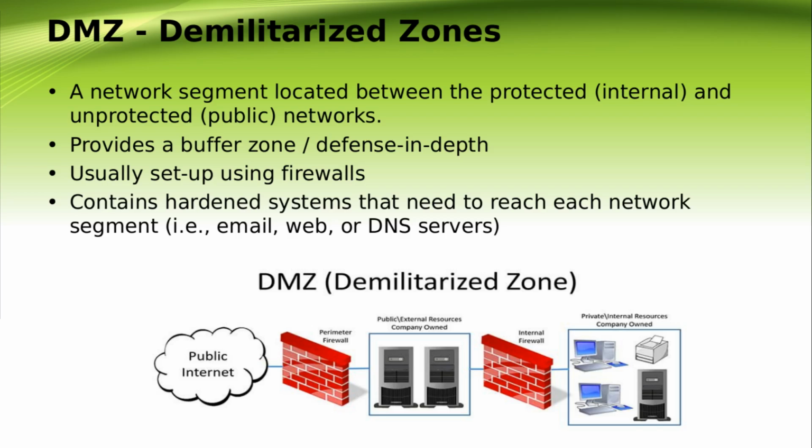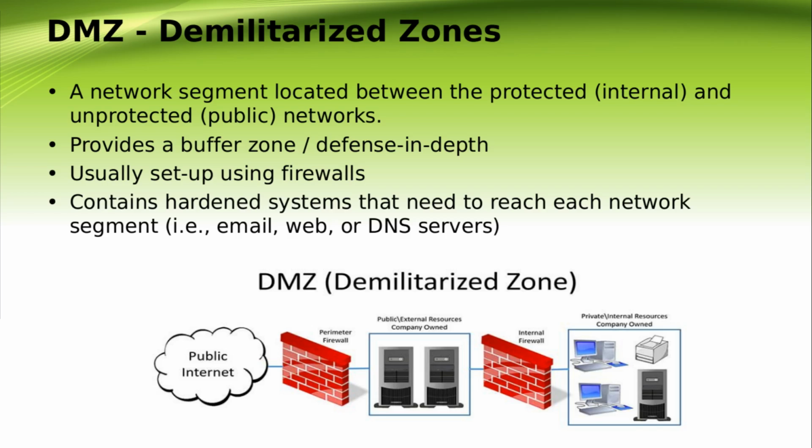A DMZ is an area of the network that is designed specifically for low trust users to access specific systems, such as a public access web server. If the DMZ is compromised, the private LAN is not necessarily affected or compromised. Access to a DMZ is usually controlled or restricted by a firewall and router system. A DMZ can act as a buffer network between the public untrusted internet and the private trusted LAN.